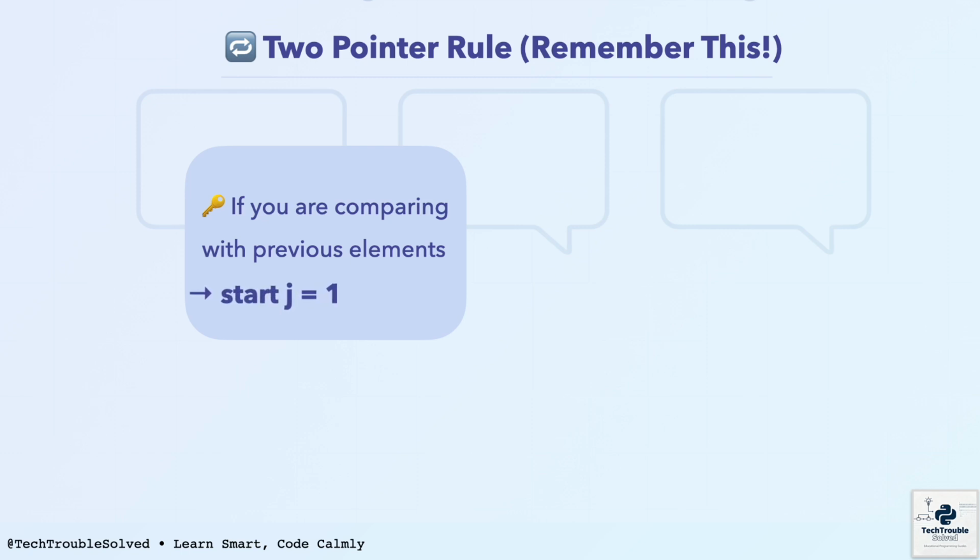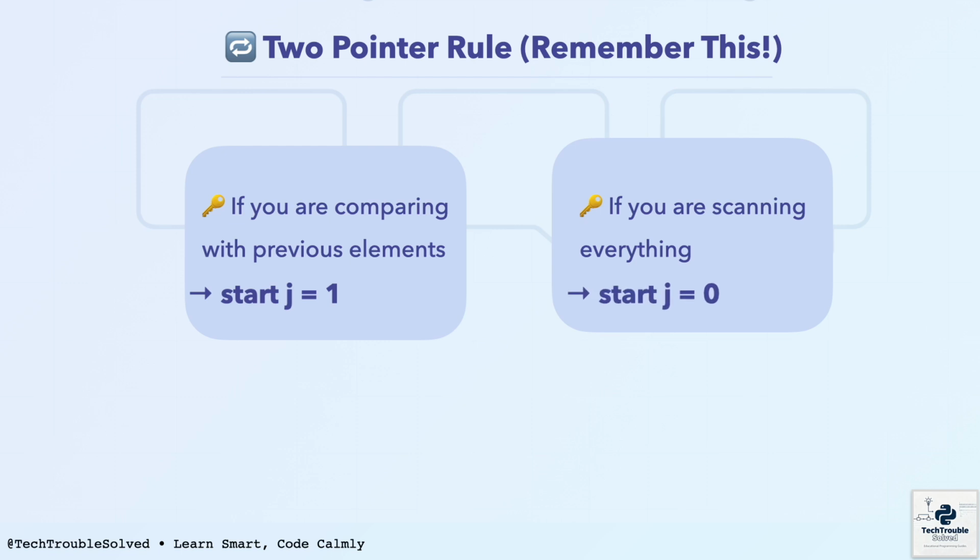If your problem involves scanning every element, then pointer j starts from index 0. In remove element, we were scanning everything. That's why both pointers started at index 0. Once you recognize this, two pointer problems become much easier. You are no longer guessing, you are following a rule.